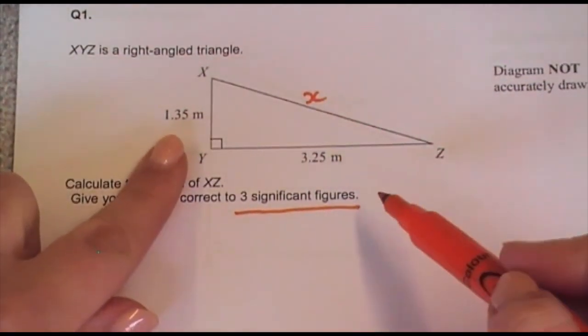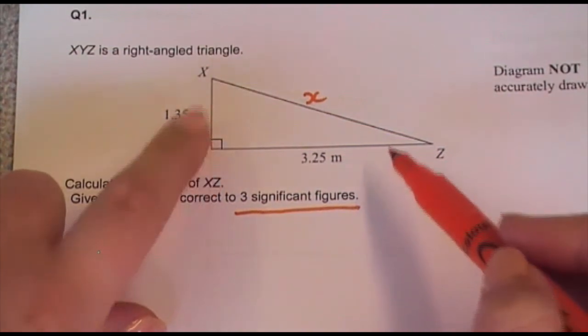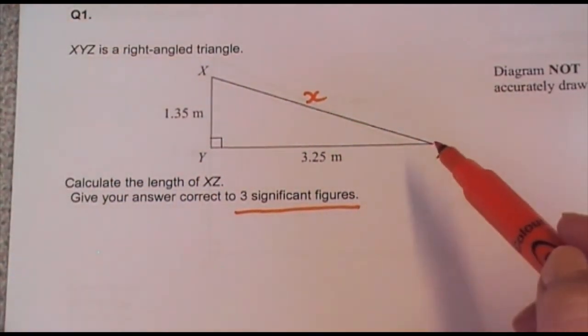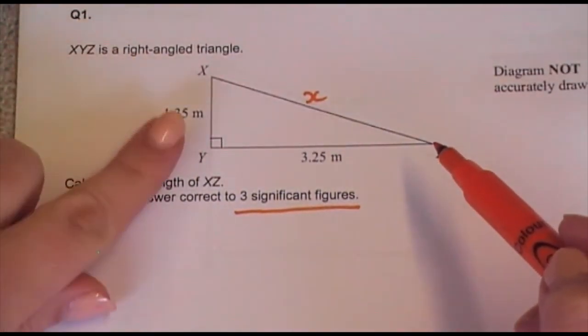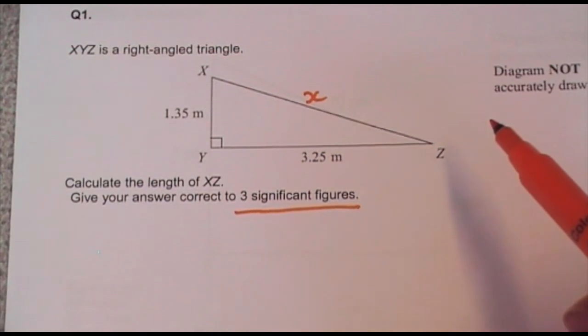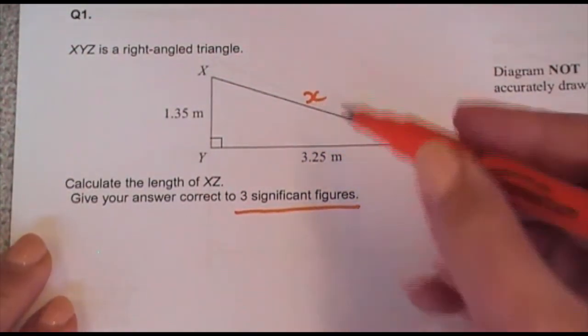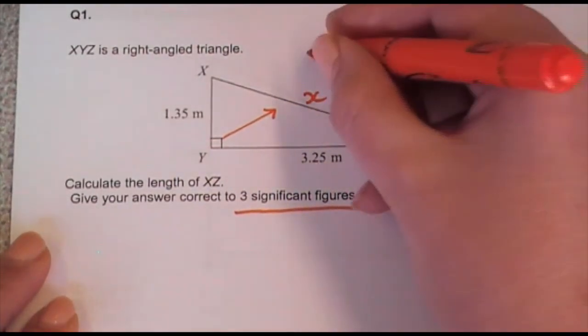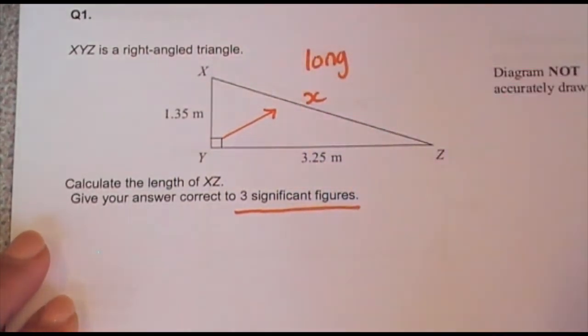Okay, so it's a right angle triangle. There's no angle other than the right angle, so that tells me it's not going to be trig, but there's 1, 2, 3 sides in use here, so it's going to be Pythag. Now this is the right angle, and directly opposite the right angle we always have our longest side.